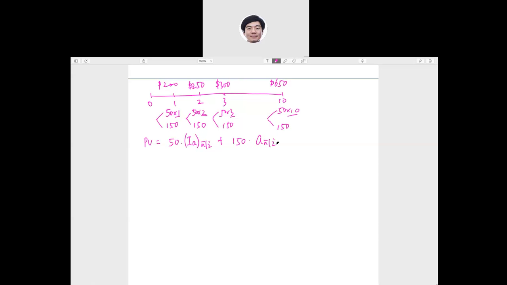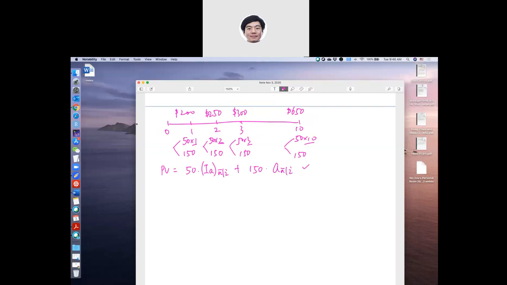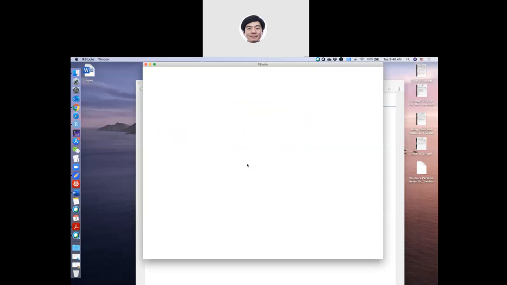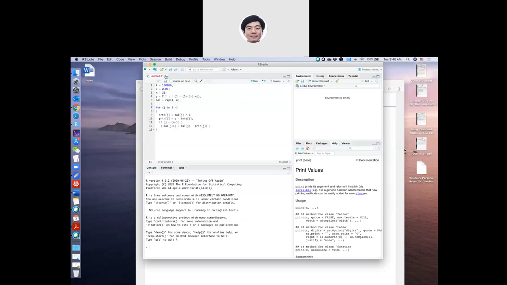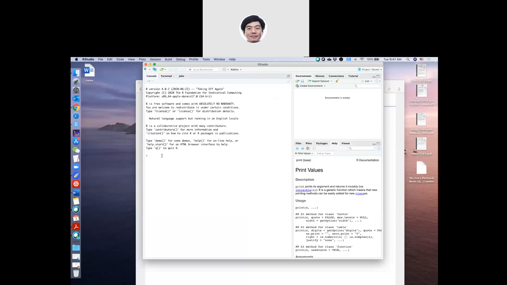Companies don't really need you to compute this, as long as you know this step is really enough. Let me use R to show you, okay? Because essentially, nobody really wants you to do this kind of computation later on once you get a job. This is to basically understand the concepts of discounting.